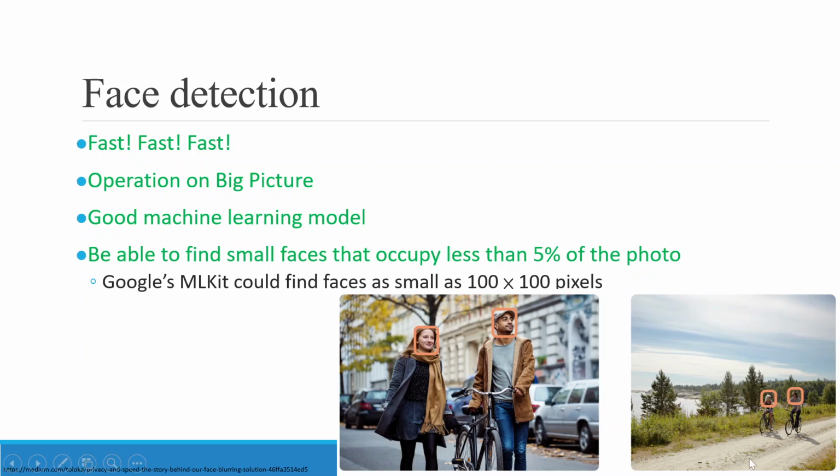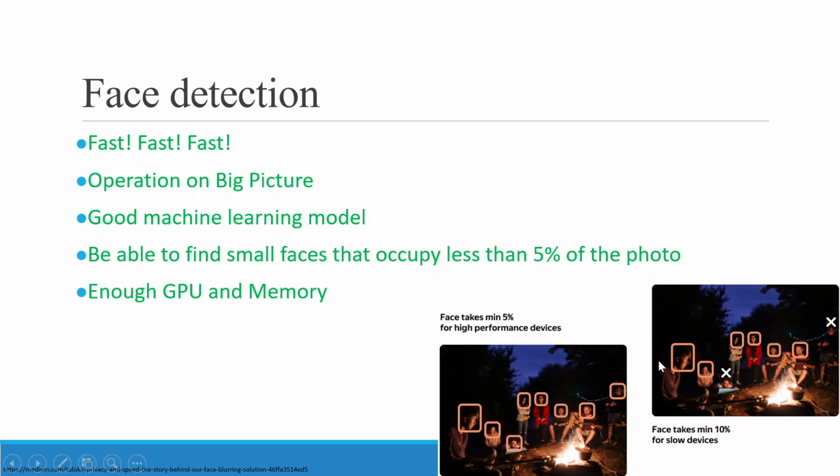So for this kind of case, maybe you need to apply a library or tools to help you detect the face. For example, Google's ML Kit can find a very small face, and you should have a lot of GPU and memory to help you complete the task.